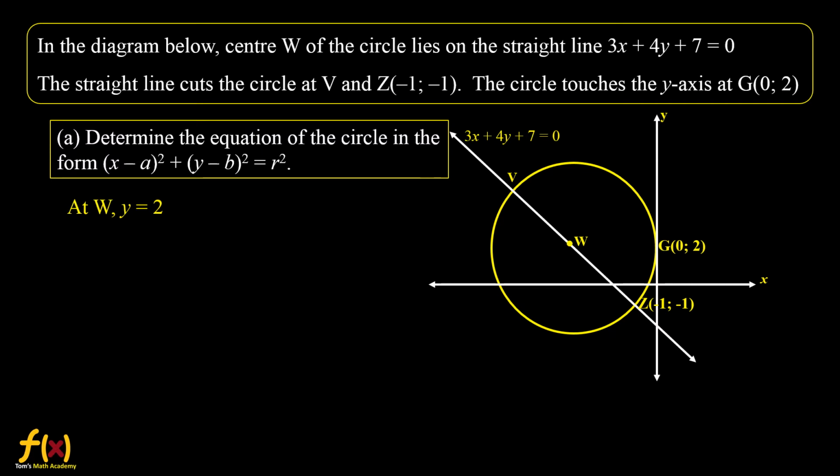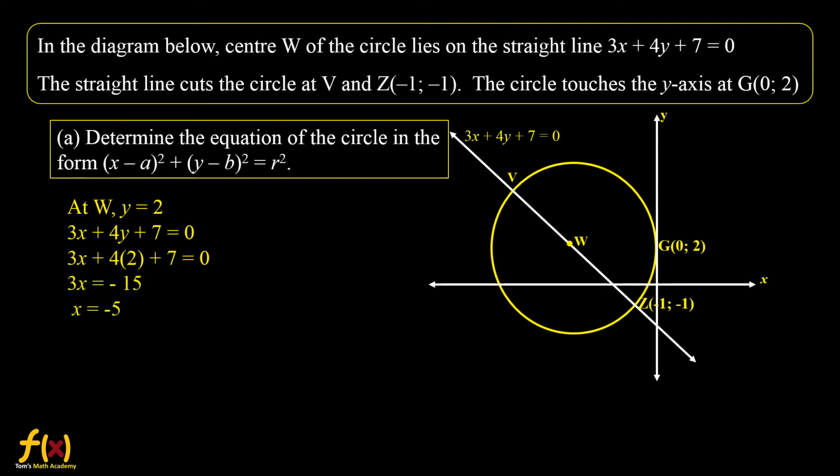Now we are going to calculate the x-coordinate of W. W lies on the straight line 3x + 4y + 7 = 0. Into that equation, we substitute y = 2. Then we solve for x.